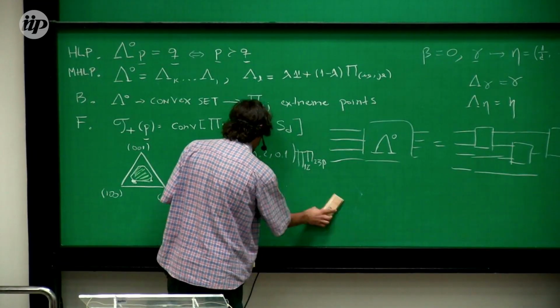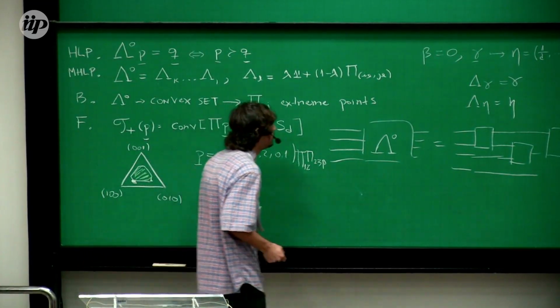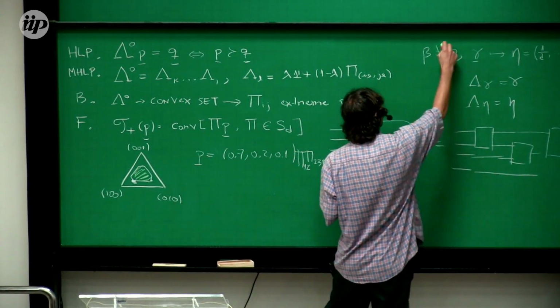Okay, so now then let's look at the case that beta is different from 0. So finite beta.